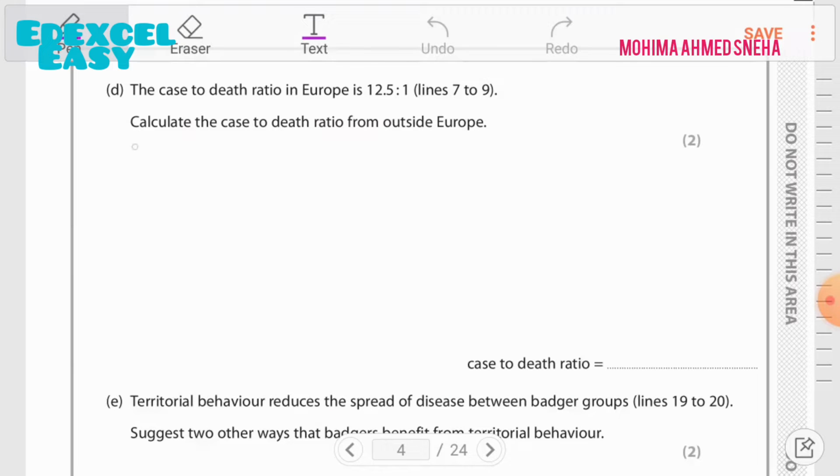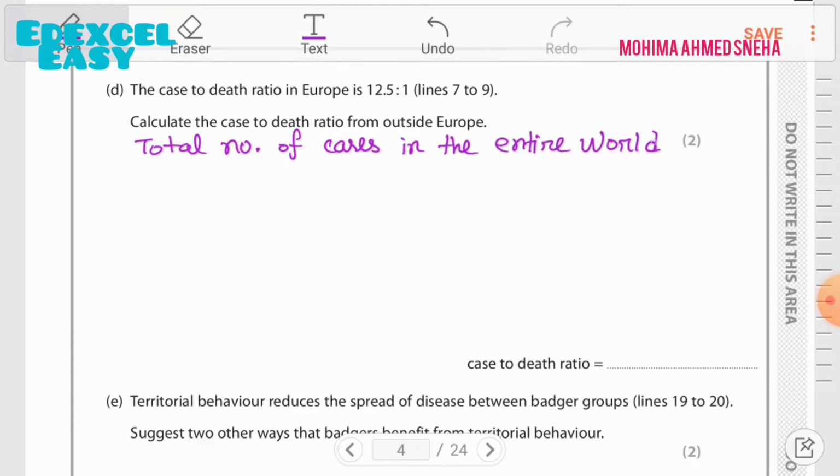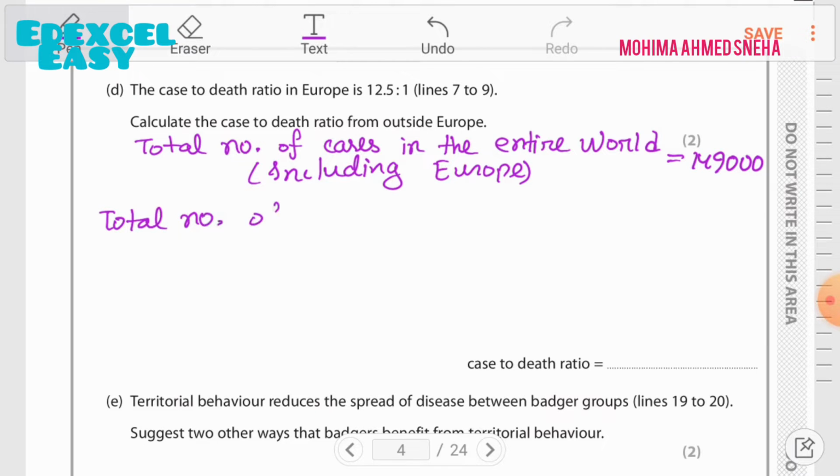So here the total number of cases in the entire world, including Europe, was 149,000, and the total number of cases inside Europe was 1290.